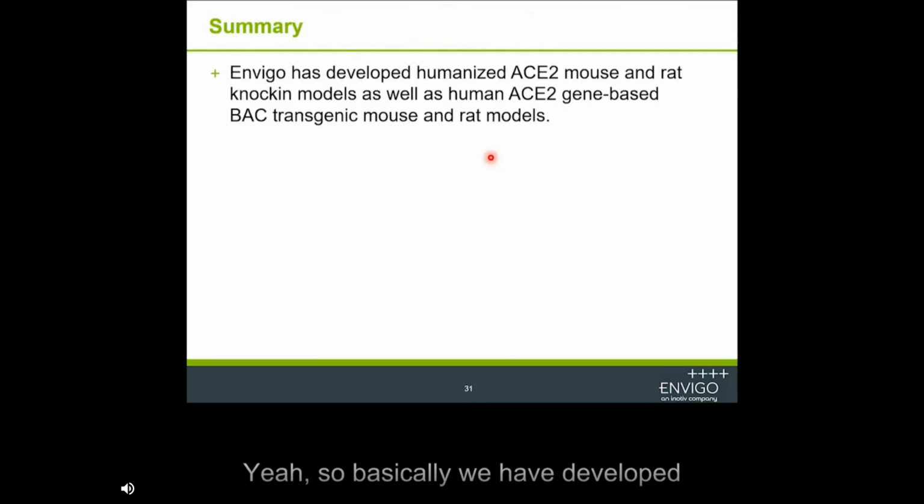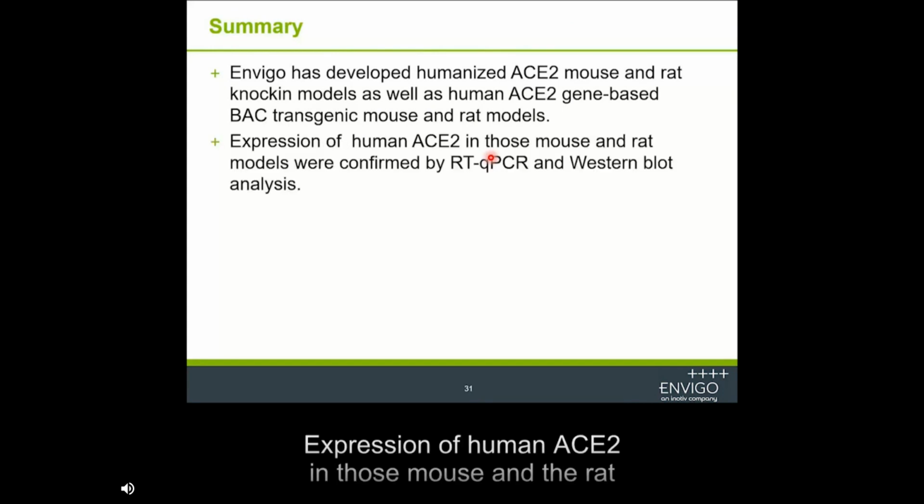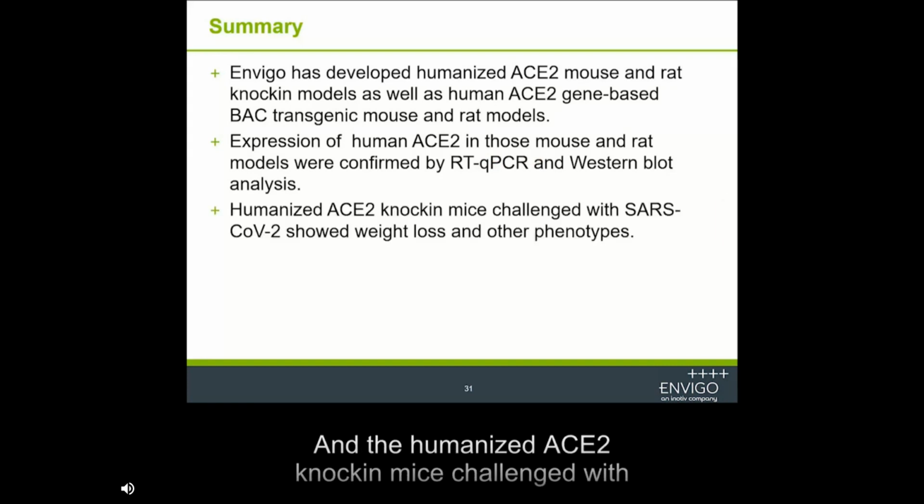So basically we have developed the humanized ACE2 mouse and rat Knockin models, as well as human ACE2 gene-based BAC transgenic mouse and rat models. Expression of human ACE2 in those mouse and rat models was confirmed by RT-qPCR and Western blot.